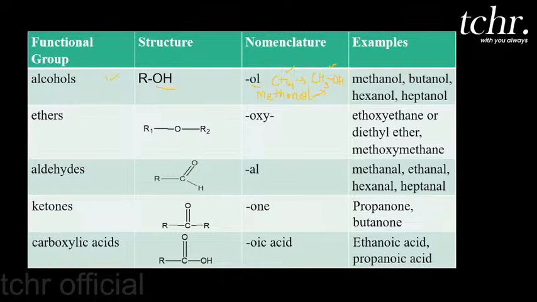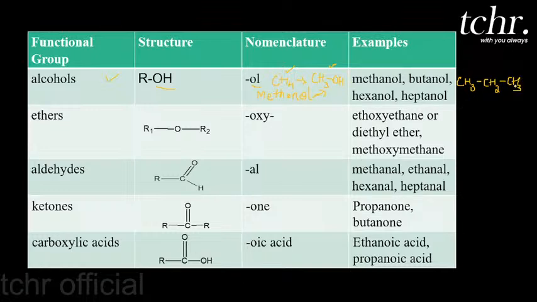So when it is two carbon atoms, OH group is attached to ethyl group, it is ethanol. When OH group is attached to propyl group, it is propanol. Now for example, let me write the structure of propanol. Now what is the formula of propane? CH3, CH2, CH3. This is how you write propane, right?